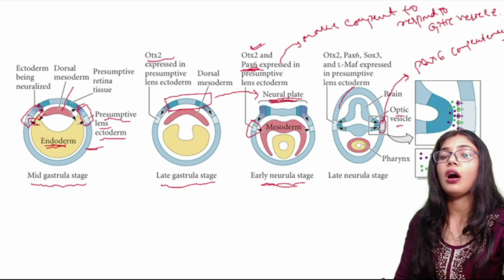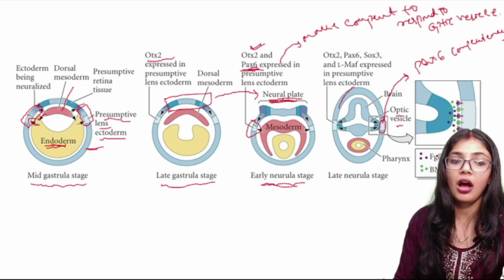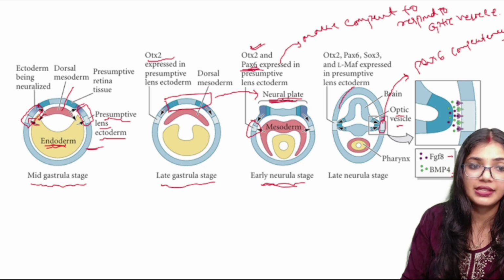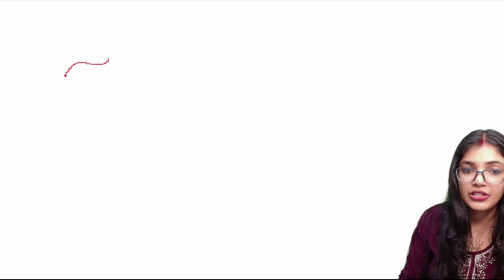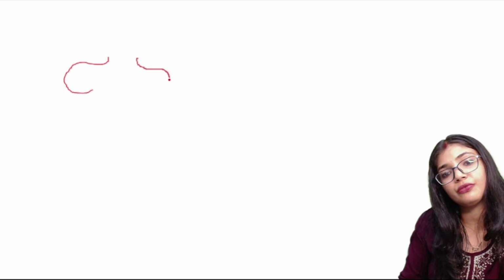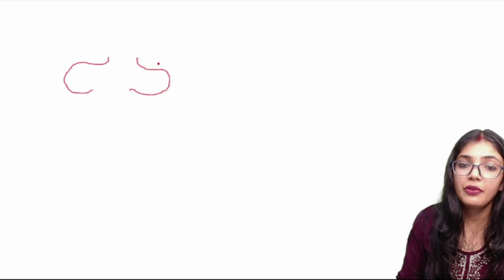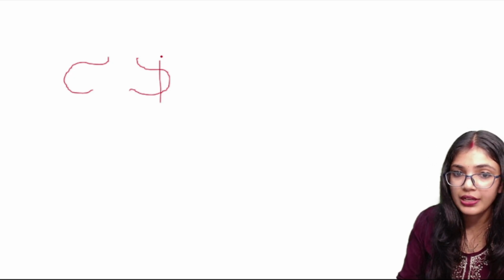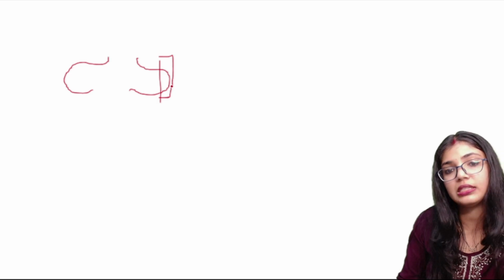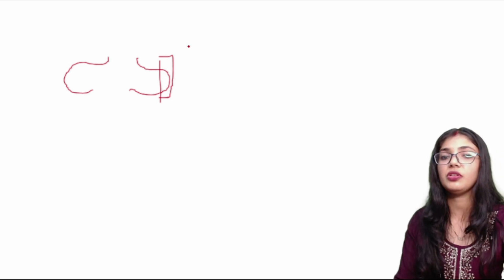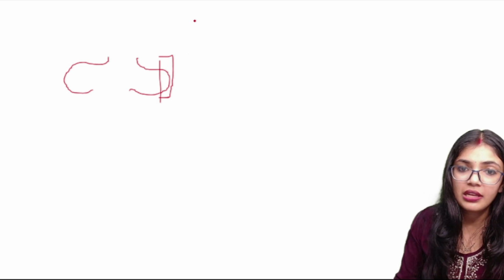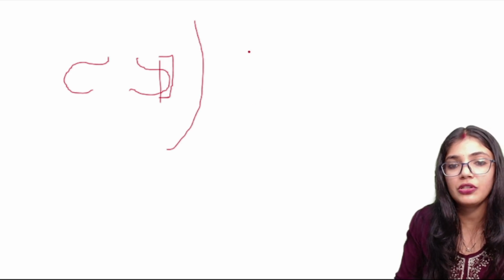How is this regulated? Let us understand here. There was formation of the brain, and there was bulging from the two sides. We will discuss how it releases some of the transcription factors. And after it was the ectoderm.